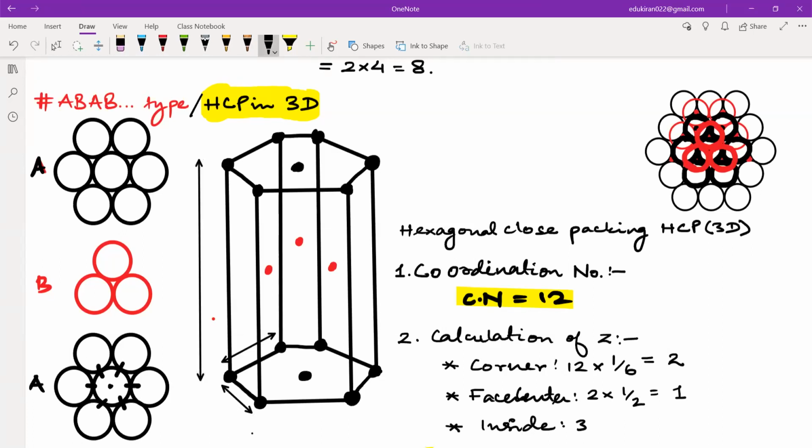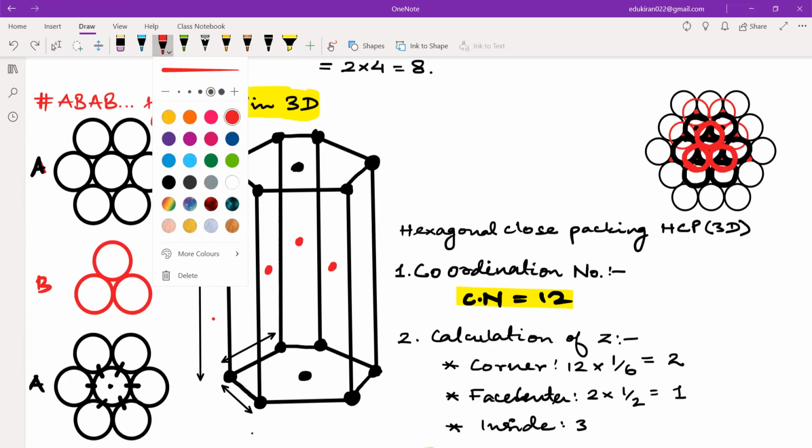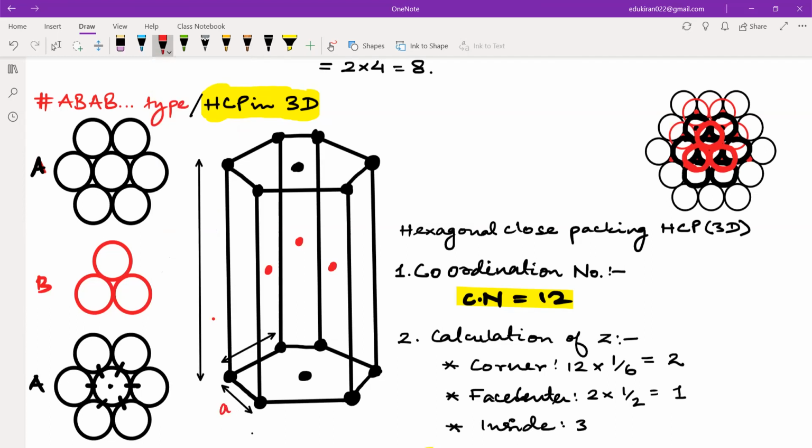Then you have the height. So let us say that this is A, this is B, and this height is C. Okay, any problem here?